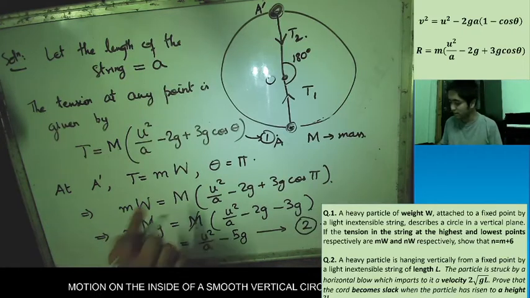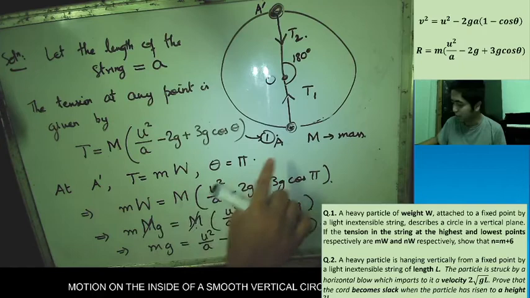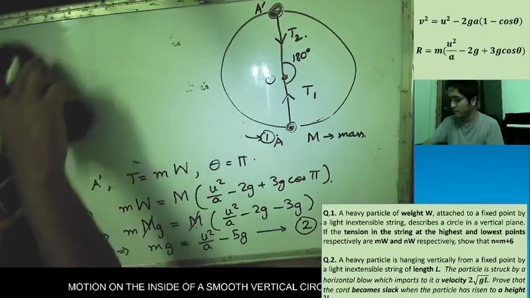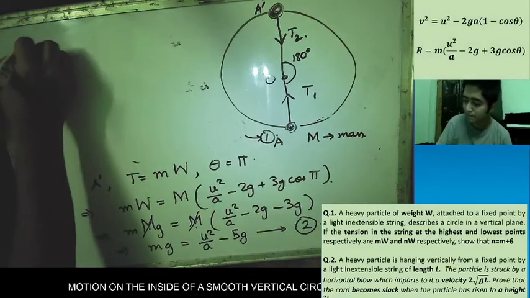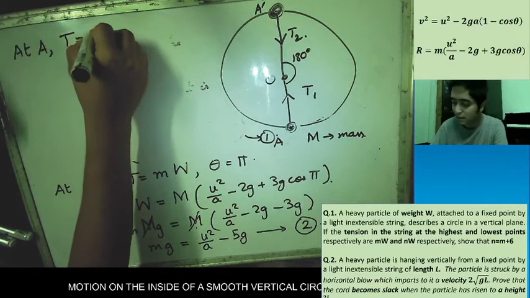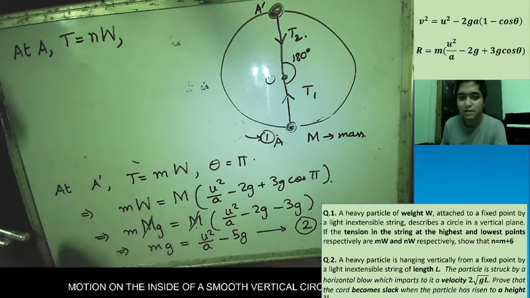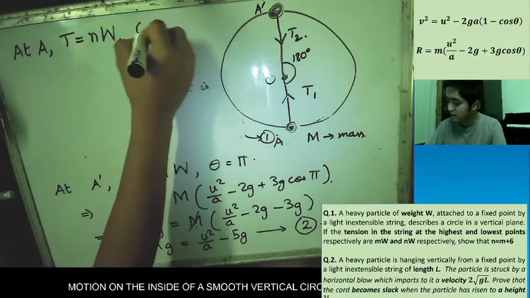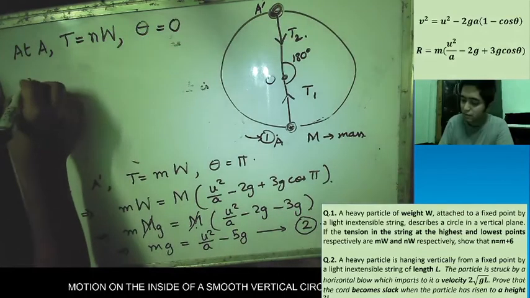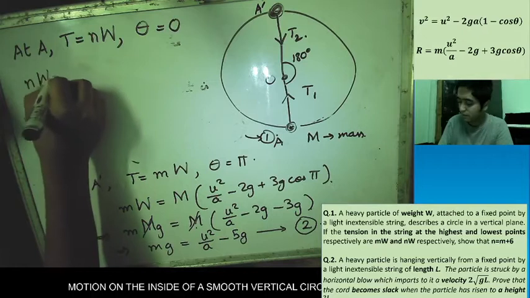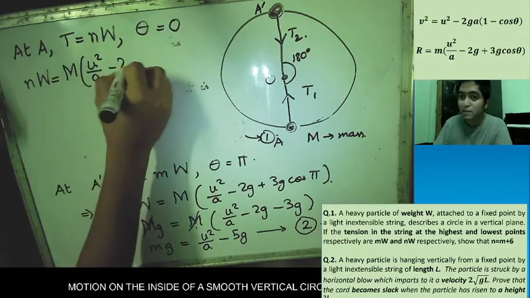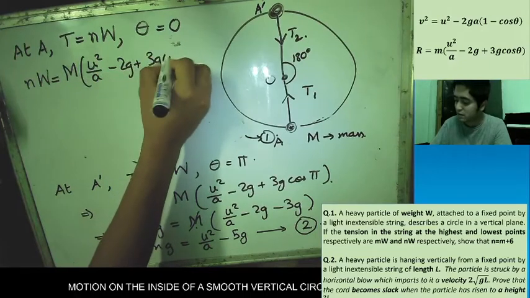Now let us take a look at what happens at the point A. At A, the tension is equal to Nw, if you see the question, and theta is equal to 0. Substituting in that equation, we have Nw equal to capital M u square upon A minus 2g plus 3g cos 0.